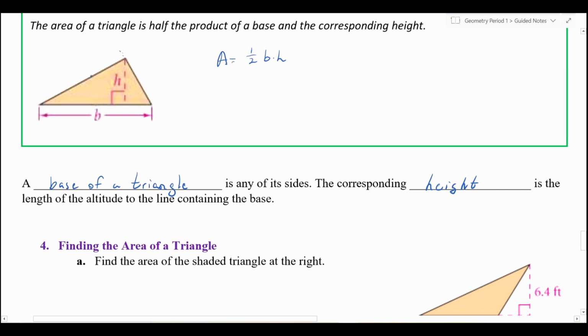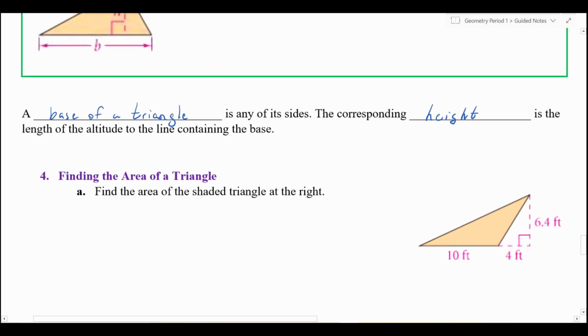I cannot assume that it is, but say it is, or we can just draw a line from here until it hits here at a 90-degree angle, and that will be our altitude. But it will actually give you the same exact area. Anyways, so here goes our first example.